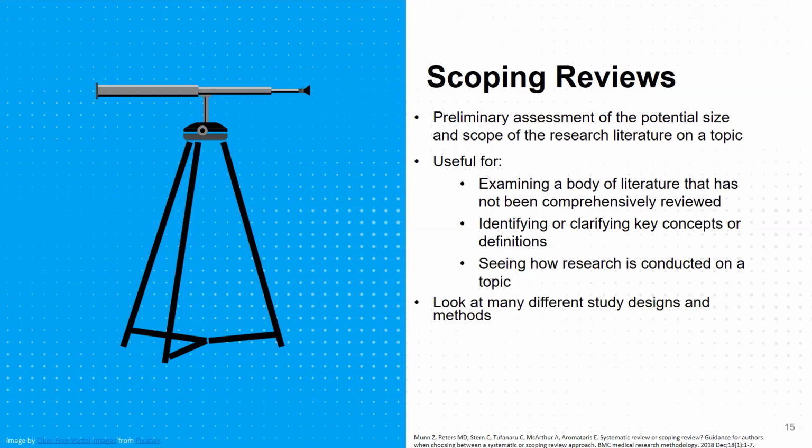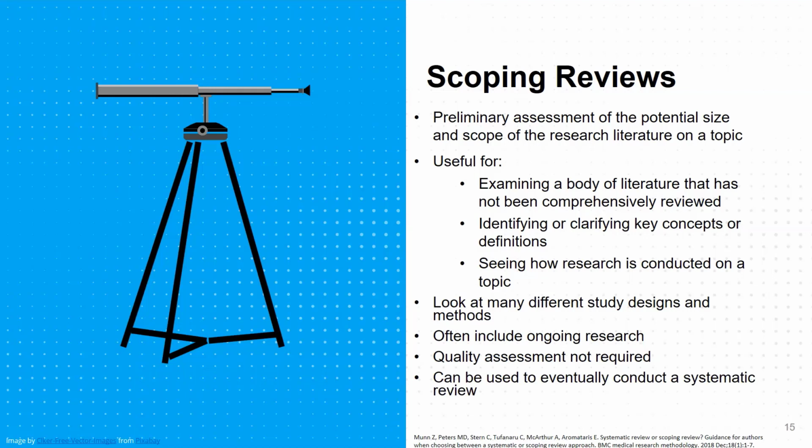Unlike systematic reviews, which often, once again, only look at randomized controlled trials, scoping reviews can look at many different study designs and methods. They often include ongoing research, and a quality assessment is not required. Depending on what you're looking at, it can actually be kind of hard to do risk of bias assessment on the studies in a scoping review. So sometimes it's recommended if you can do it, but it's not mandatory.